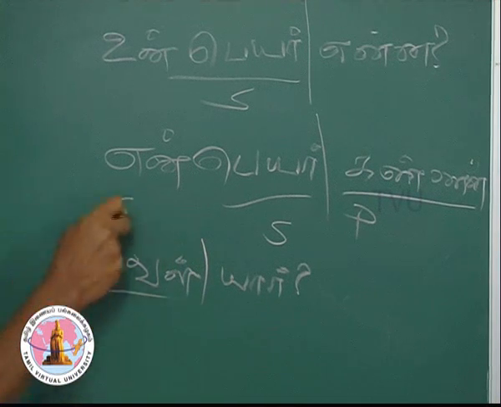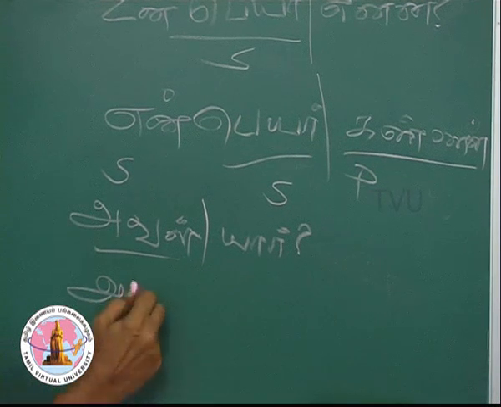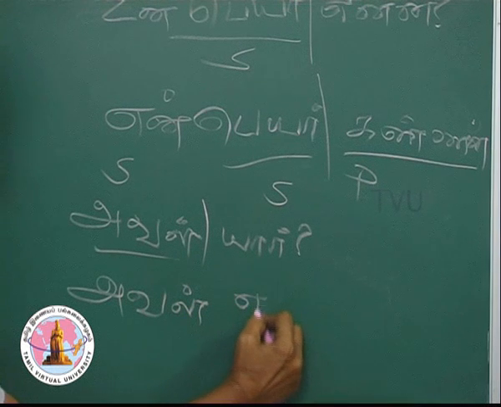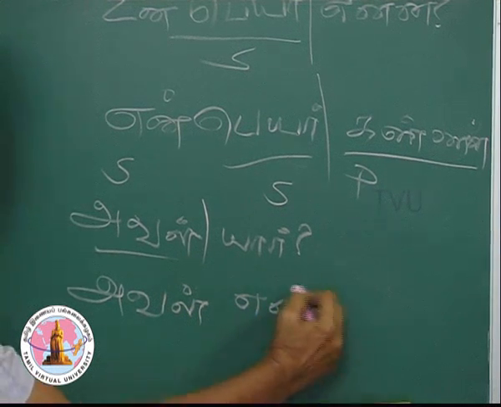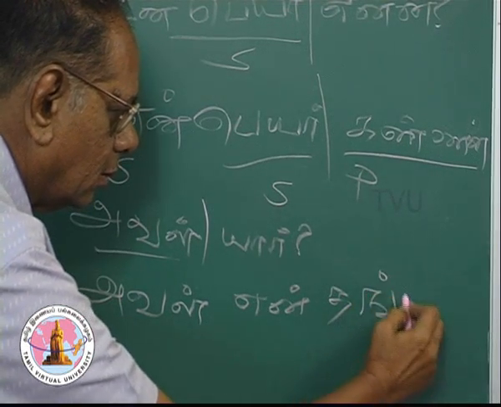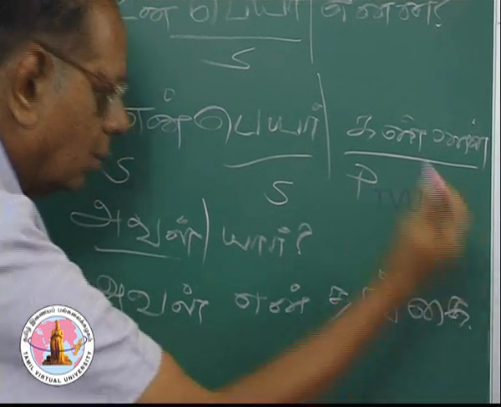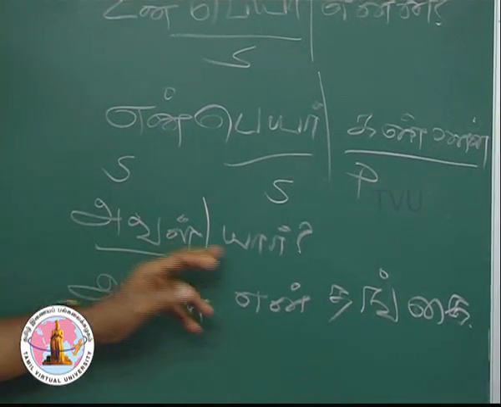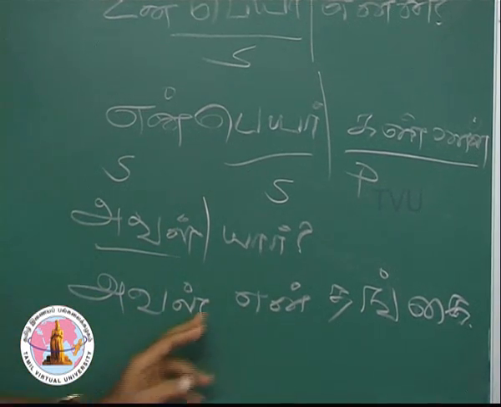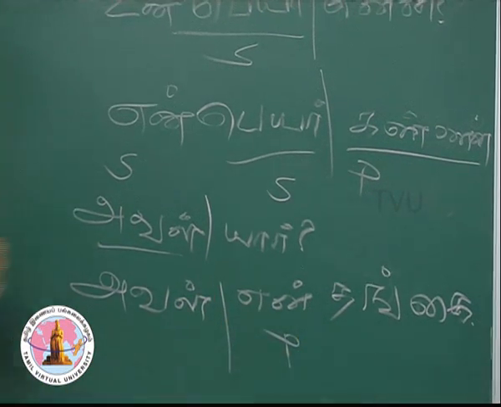Here, this is the subject. அவள் யார்? அவள் என் தங்கை. அவள் subject and this is predicate.